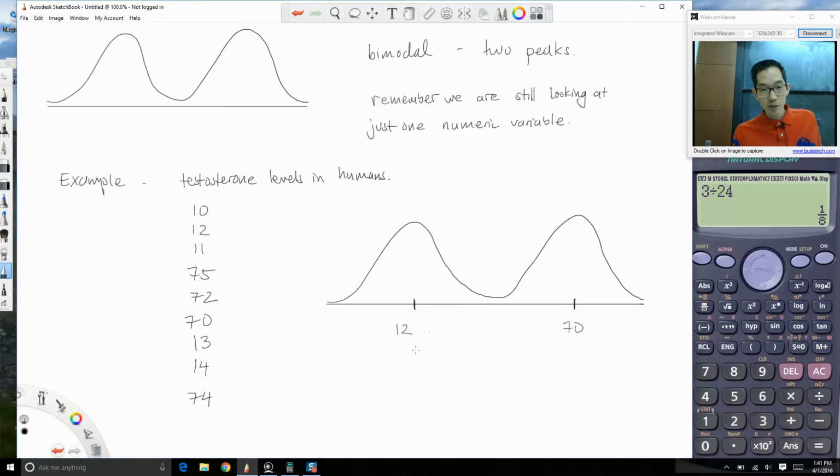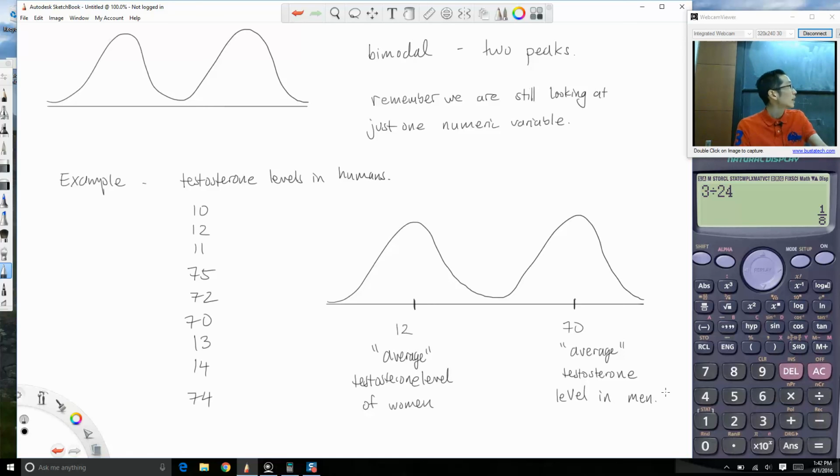And this is the quote-unquote average testosterone level of women. And this here would be the quote average testosterone level in men, okay?